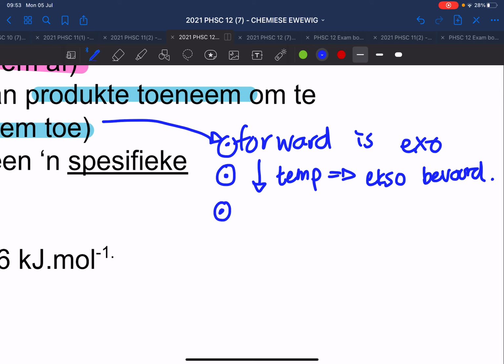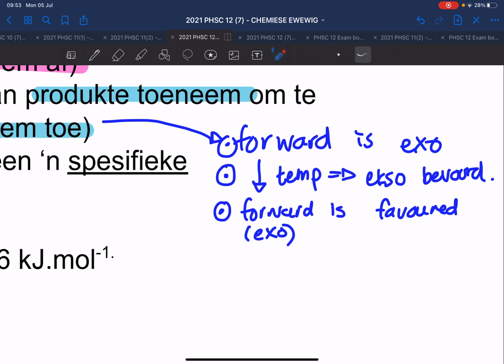So we can say the forward reaction, die voorwaartse reaksie word, there I'm mixing it, is favored. Of die exo word bevoordeel. Forward is exo, forward is favored. Or exo is favored. Dat woord favored is belangrik.